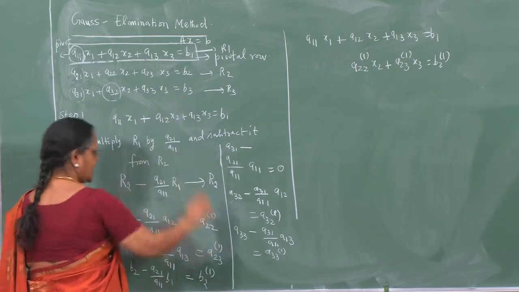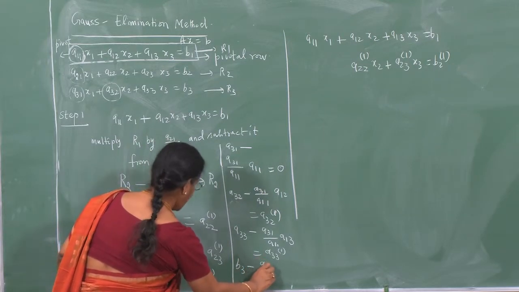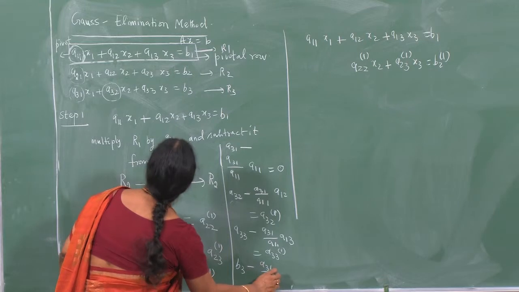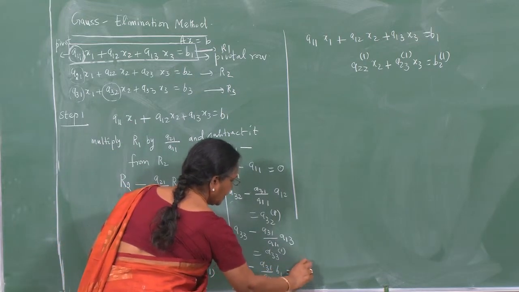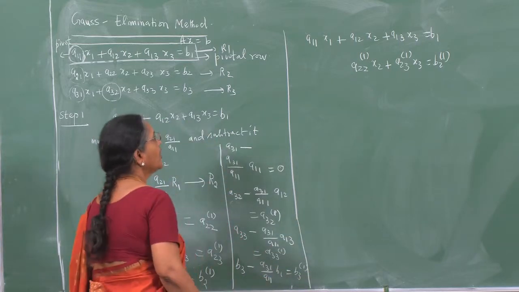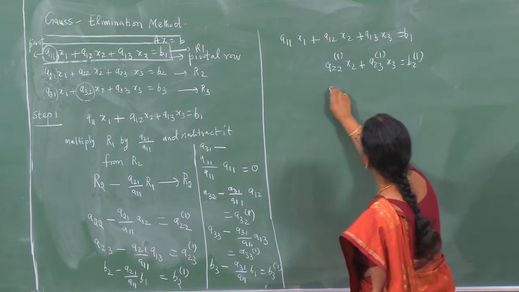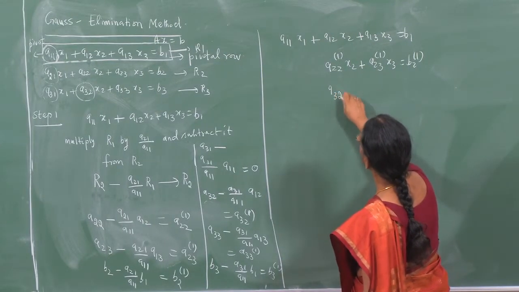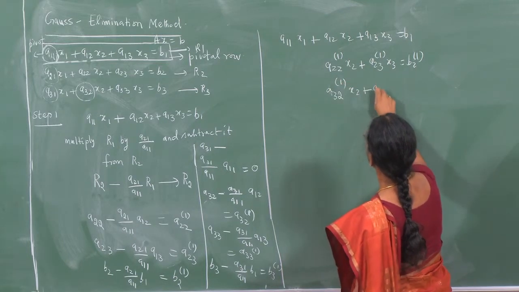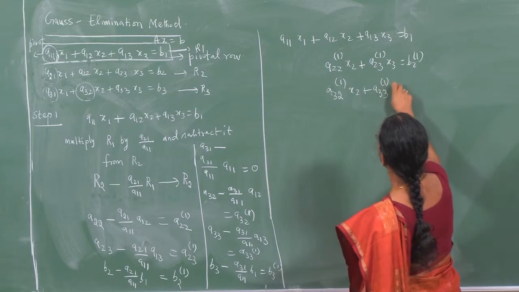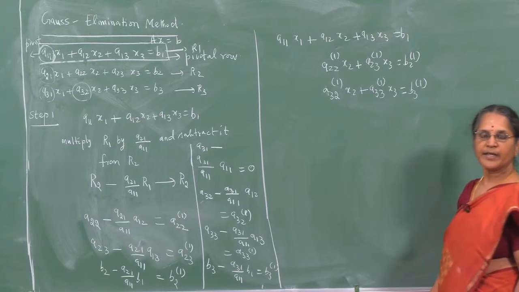What about the right hand side? It will be B3 minus A31 by A11 into B1 and call that B31. So, at this step your new third equation will be A321 into x2 plus A331 into x3, and that is equal to B31.